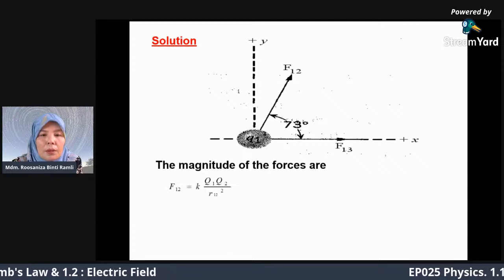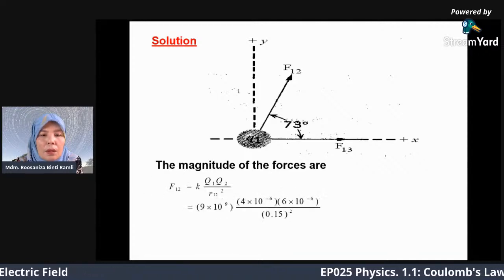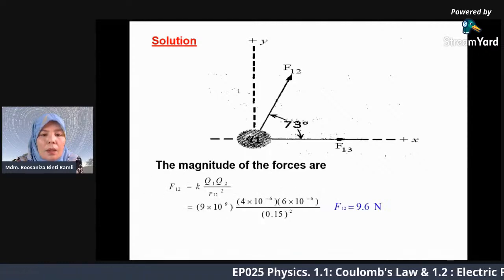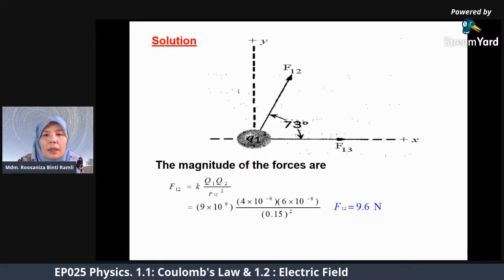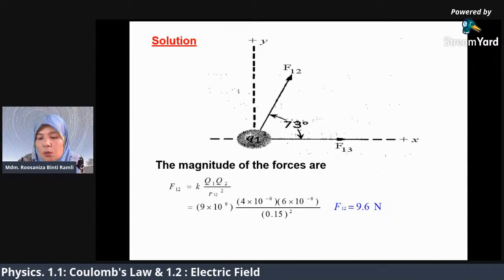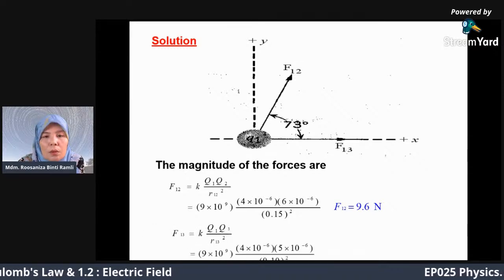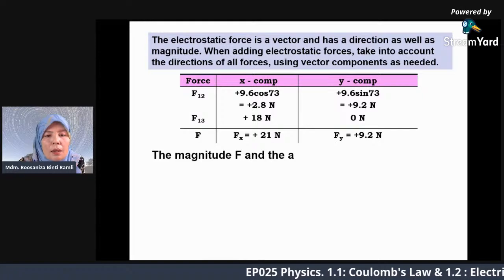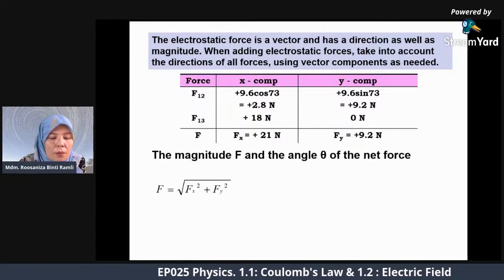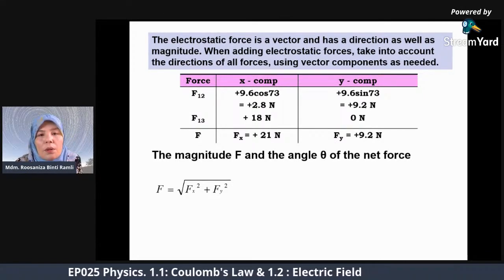Okay, for example, this one. So we have Q1 and Q2. Where is Q2? So again, you have to make a revision of chapter 4 about the force.